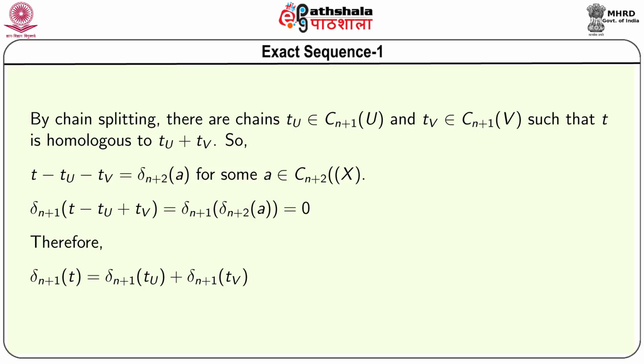By chain splitting, there are chains t u in C n plus 1 of U and t v in C n plus 1 of V, such that t is homologous to t u plus t v. So, t minus t u minus t v is equal to delta n plus 2 of a for some a belonging to C n plus 2 of X.